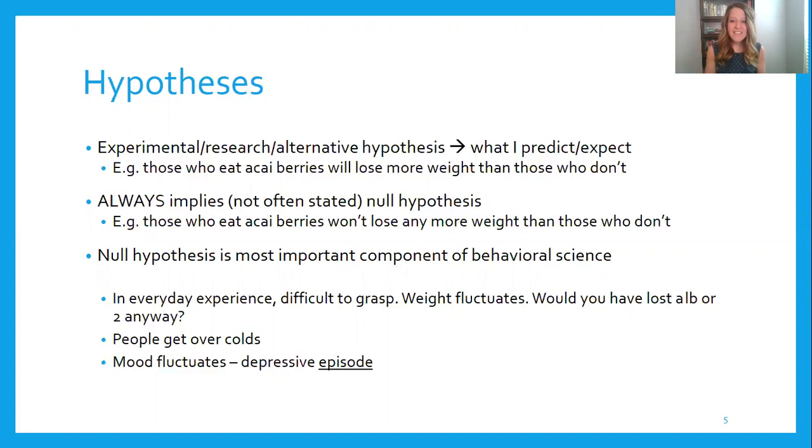Most people get over colds in about 3 days, regardless of using Emergen-C or not. So it's entirely likely that I would have gotten better, even if I didn't drink the Emergen-C. It's entirely likely that the data actually fits the null hypothesis rather than my assumption, my research hypothesis.